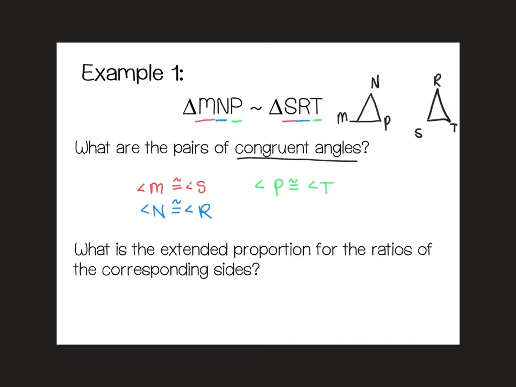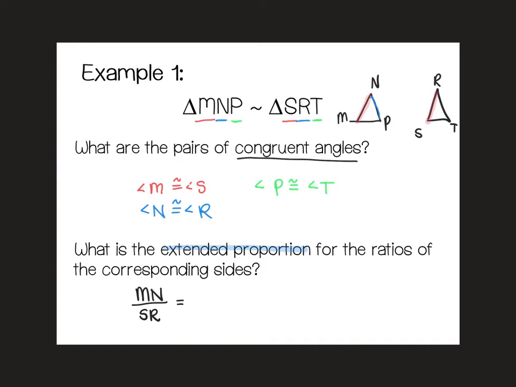This might be something new that you haven't heard before, but what is the extended proportion for the ratios of the corresponding sides? What that means is, if I look at this side, MN, hopefully you could see that it would correspond to SR. So I'm just going to write that. So MN over SR. Okay, that would be our first ratio. That would equal, and then you just do it again.